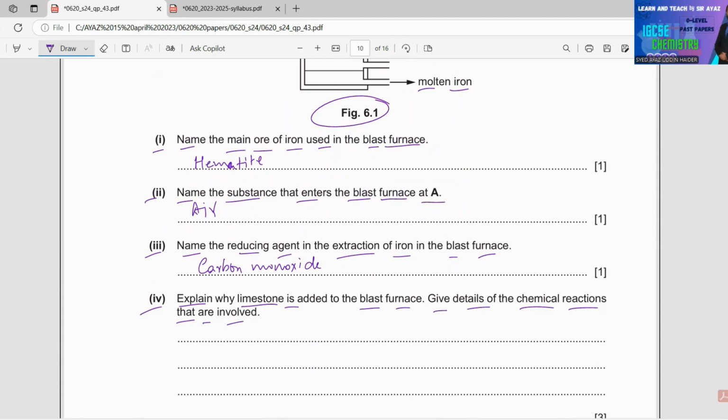So I will write limestone thermally decomposes into calcium oxide and carbon dioxide.